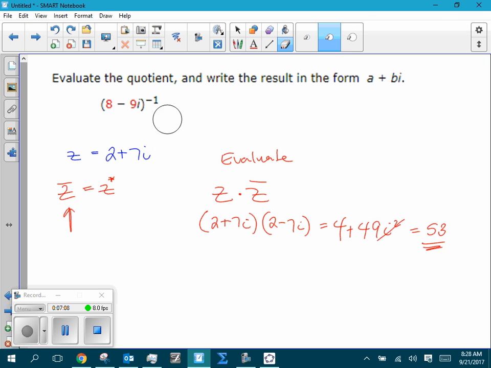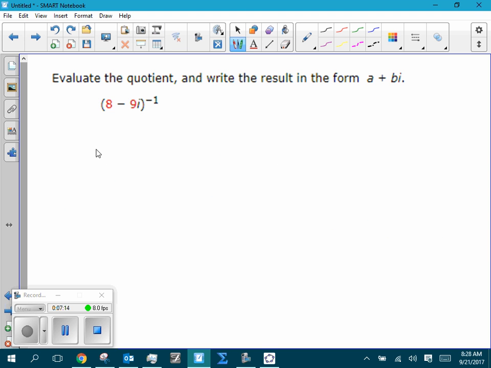They also do this, which I've only seen in one other textbook. They'll say 2 plus 7i, and they'll put a bar over the top of it. That means the same thing. They're really talking about 2 minus 7i there. I don't like that. If they're going to waste the time to put the bar over the top of it, why don't you put that as a minus sign, right? But it is what it is.